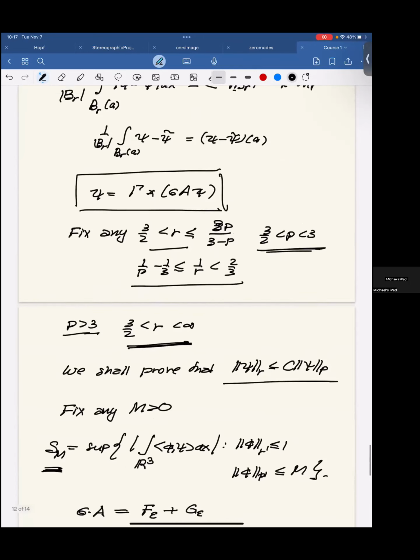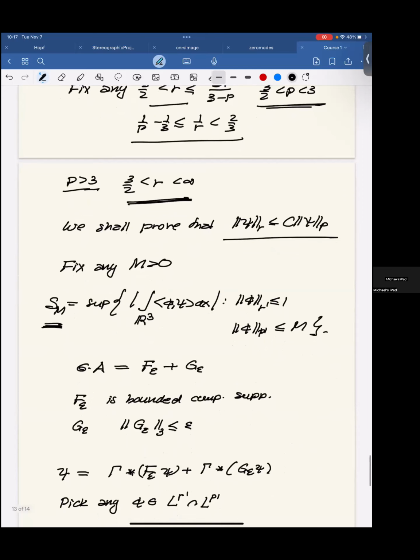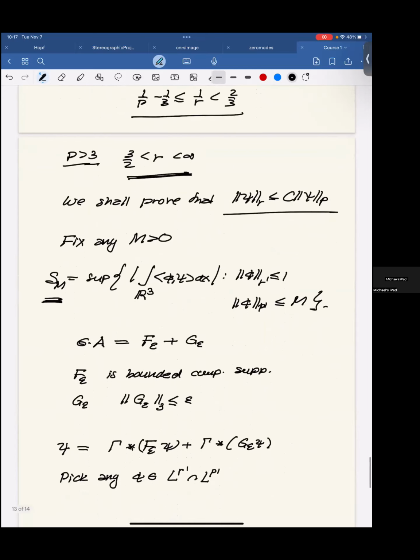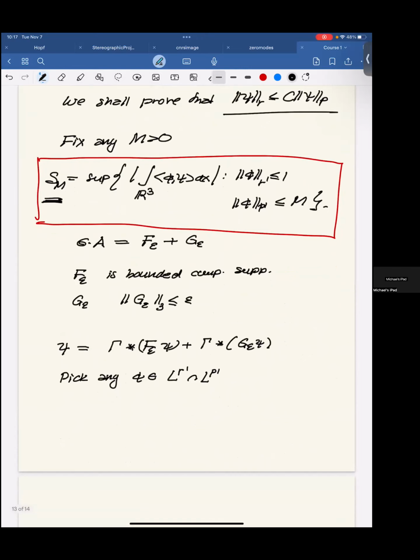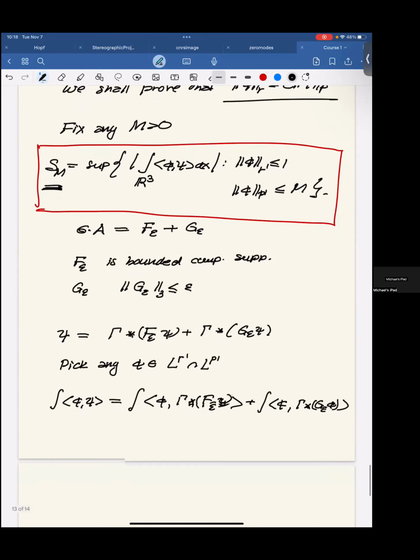Remember this SM, let me put this in the red box because that's in some sense the key idea. And then we consider the integral of phi psi equals the integral of phi gamma star F epsilon psi plus the integral of phi gamma star G epsilon phi. Okay?